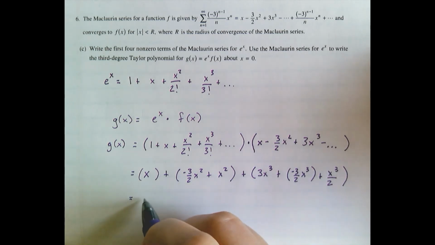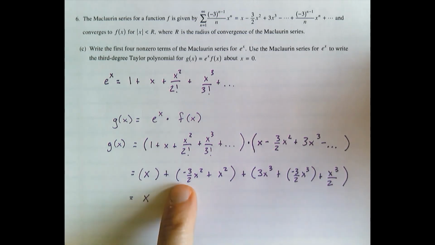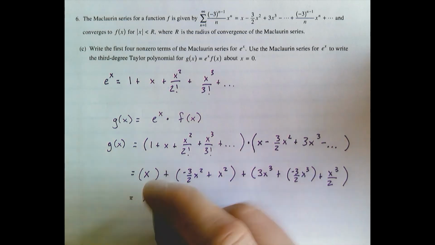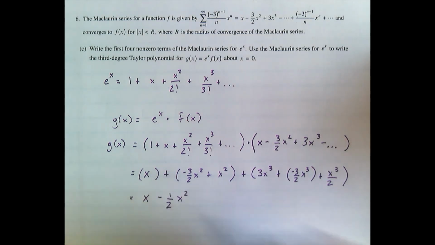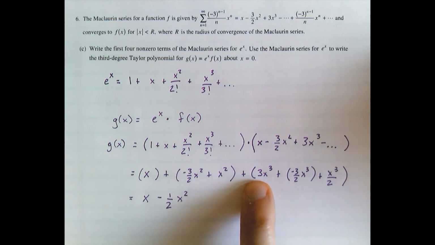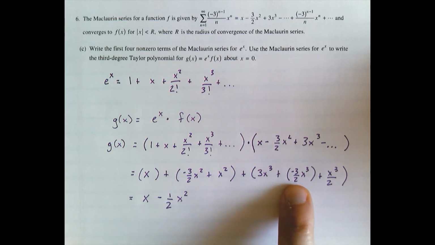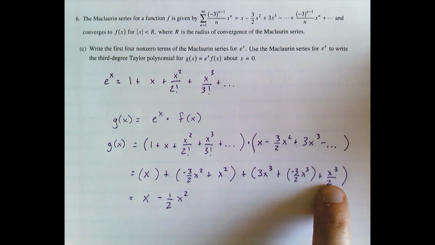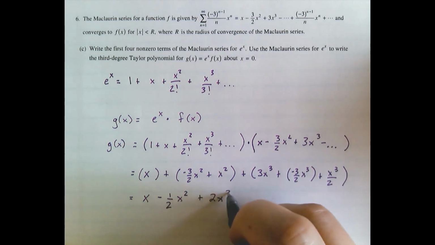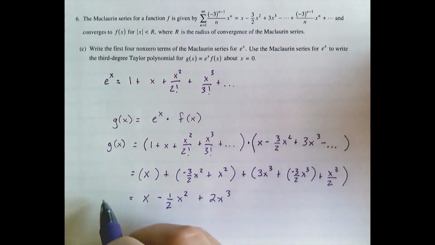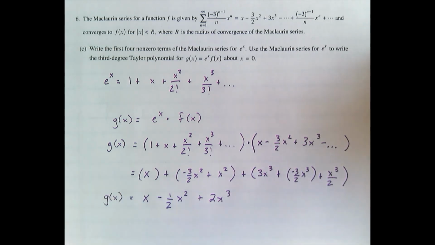If we were to clean this up, negative 3 halves plus 1 is negative 1 half. And then 3 minus 1.5 would be 1.5, plus 0.5 would be 2. So 2x cubed. And there's the Taylor polynomial for g of x, the third degree Taylor polynomial.